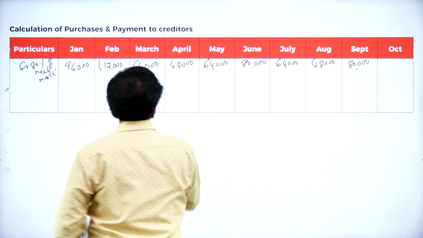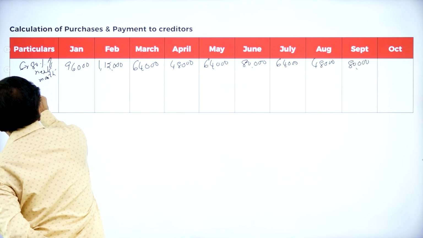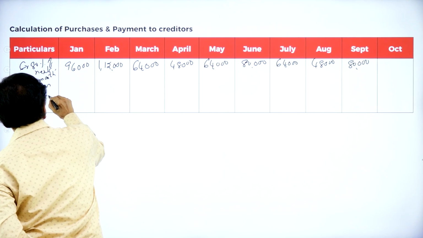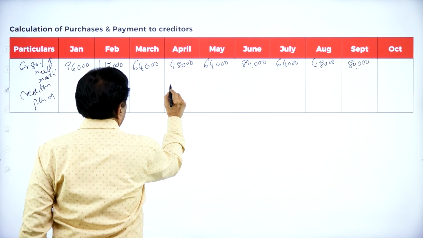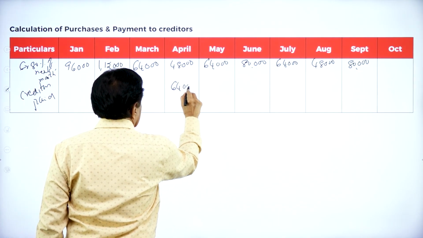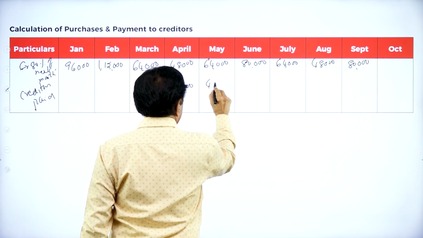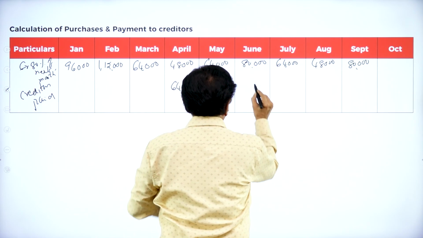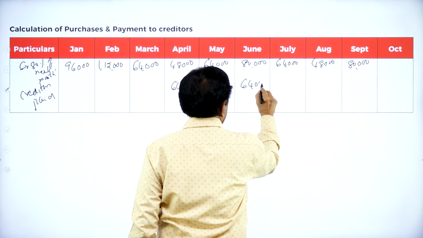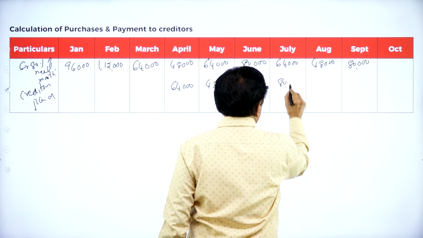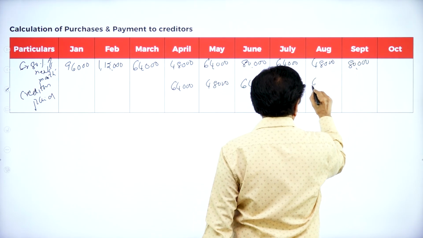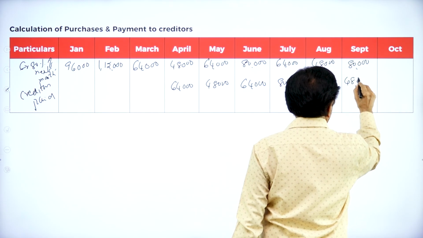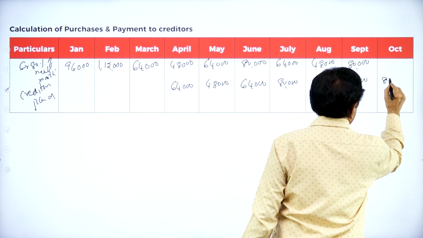January and February, March. So creditors paid one month earlier. So here 64,000, 48,000, one month, 48,000, 64,000, 80,000, 64,000, 48,000, 80,000.